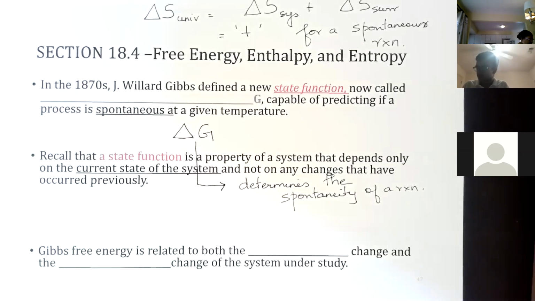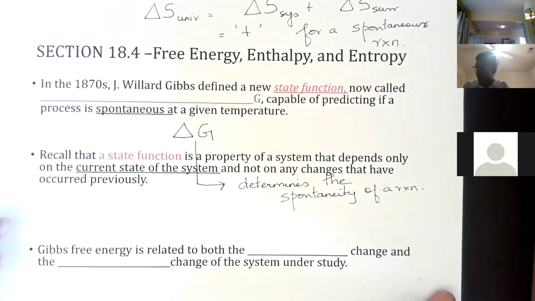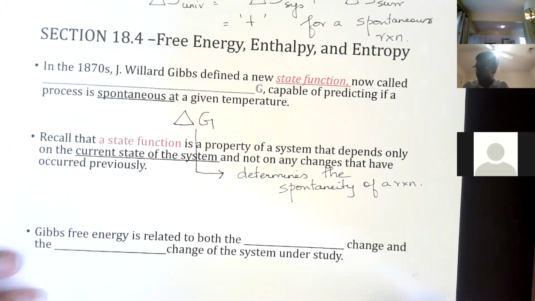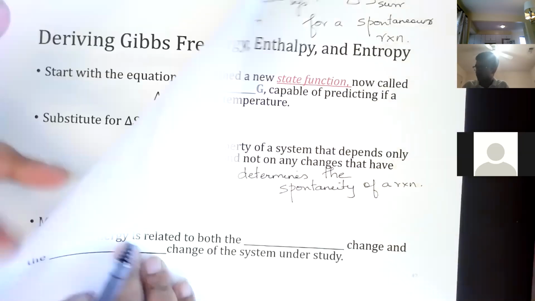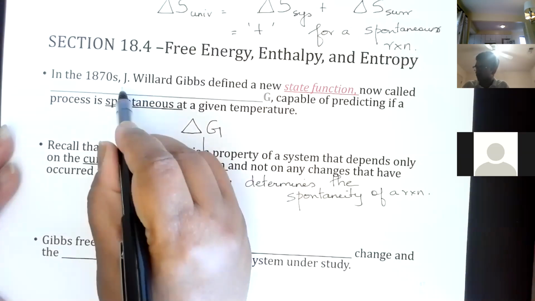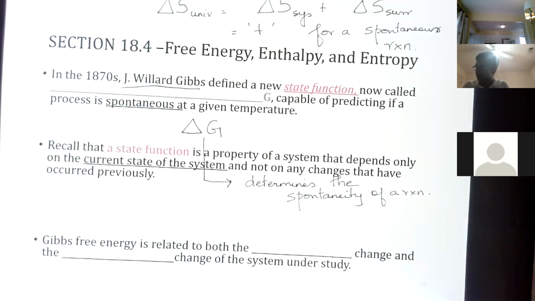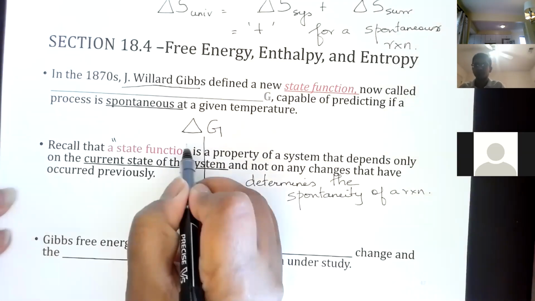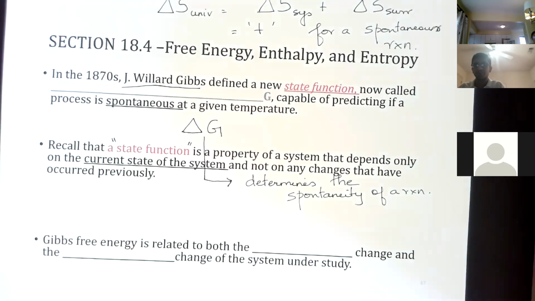Now, also, I need to remind you that delta S, maybe it's coming up in the next page, so I'll wait. So Willard Gibbs, 1870, he defined a new state function. Now again, recall, this is a property.